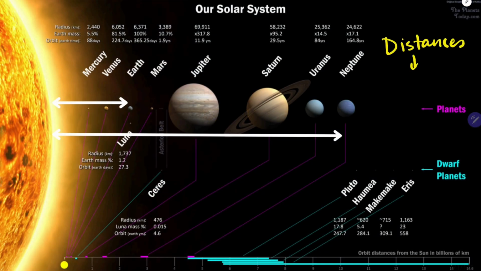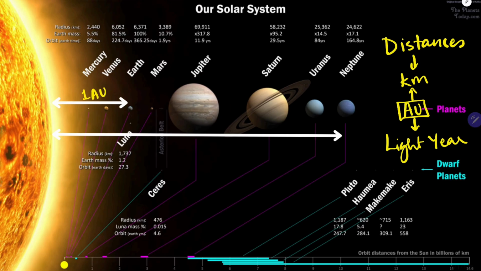Since the distances in the solar system are too large for kilometers and too small for light years, we use astronomical units for measurement. For example, while the Earth is 1 astronomical unit away from the Sun, Neptune is around 30 astronomical units away. This is simpler than saying Neptune is 4.5 billion kilometers from the Sun.